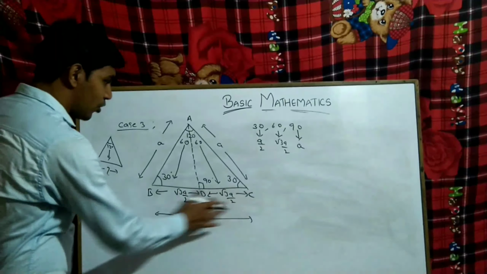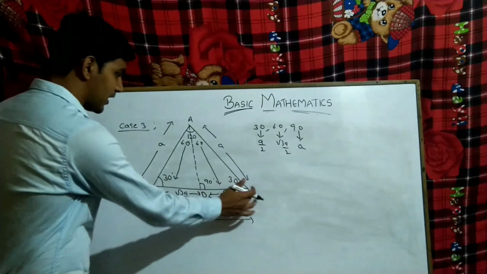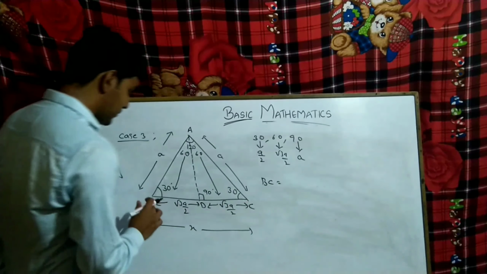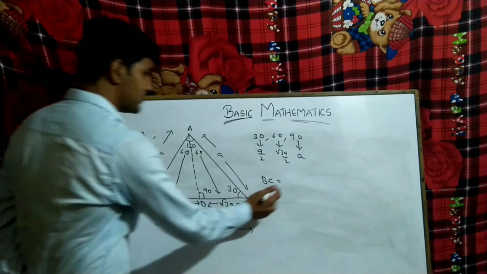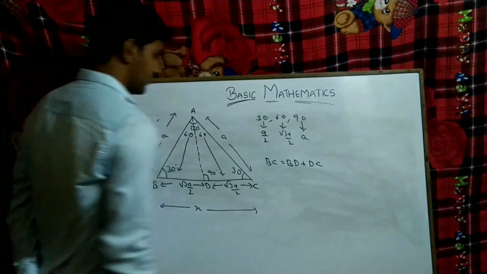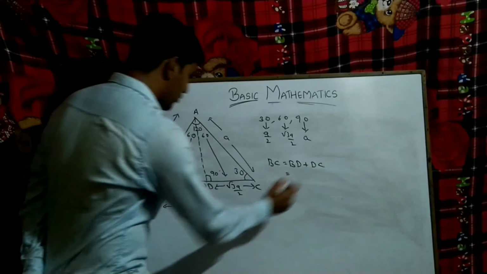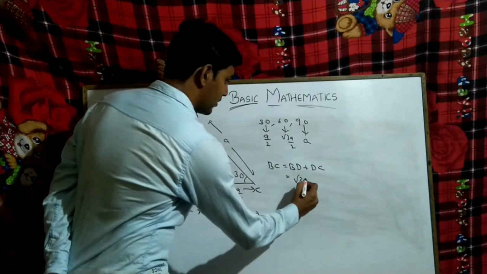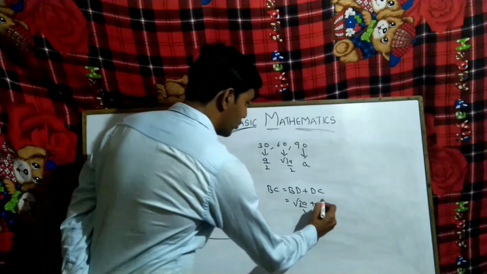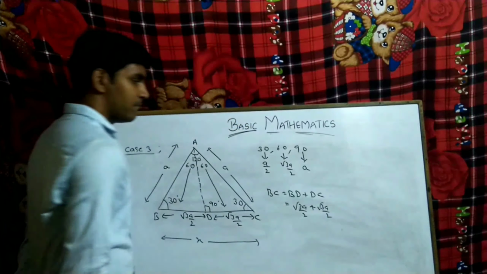But we have to find the total. If we want to find the total BC, how to find it? BC means BD plus DC. BD is given as root 3a by 2, plus DC also root 3a by 2.